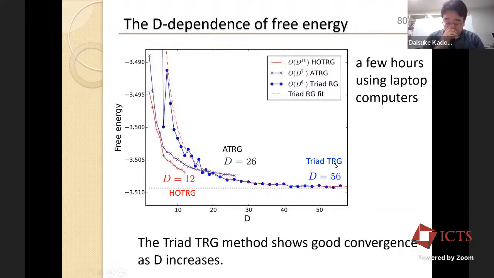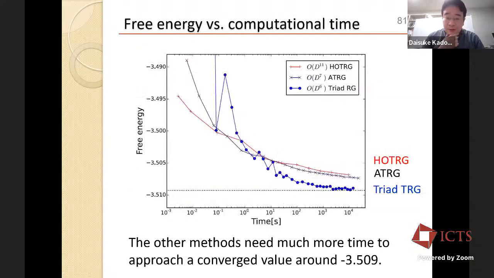Okay, and in this figure, free energy is plotted against real computational time. So we can say that the other methods need much more time to approach a converged value around -3.509, and the triad TRG shows good convergence within a few hours of computation.